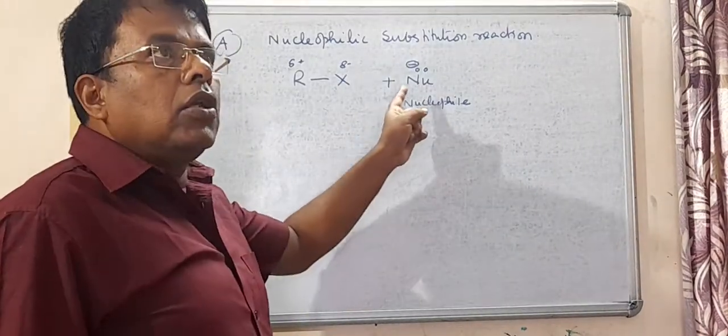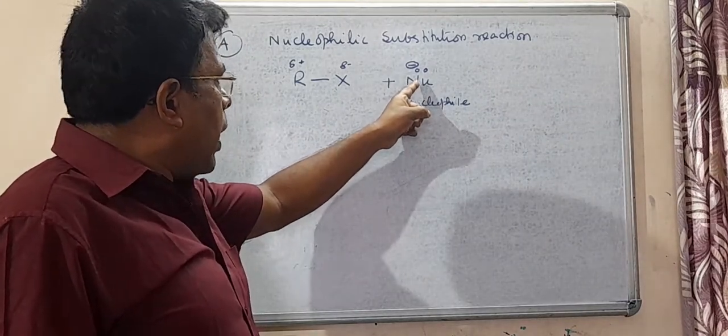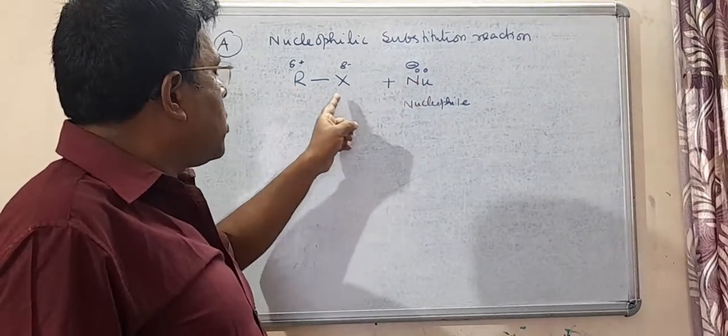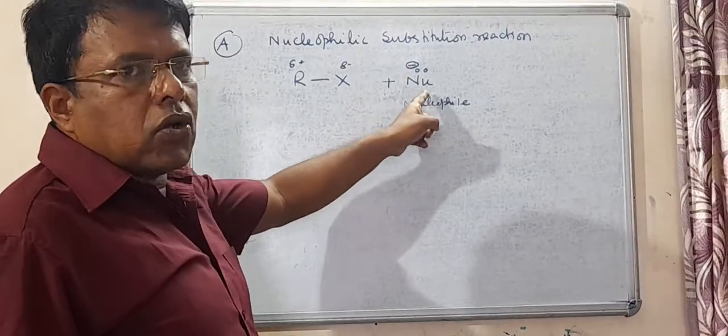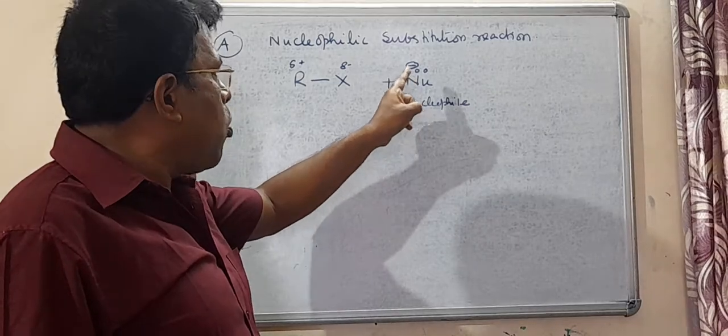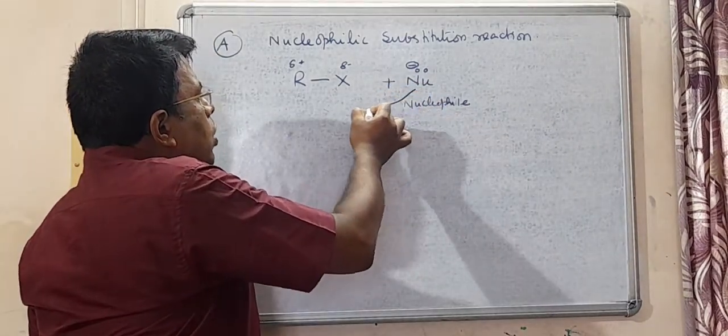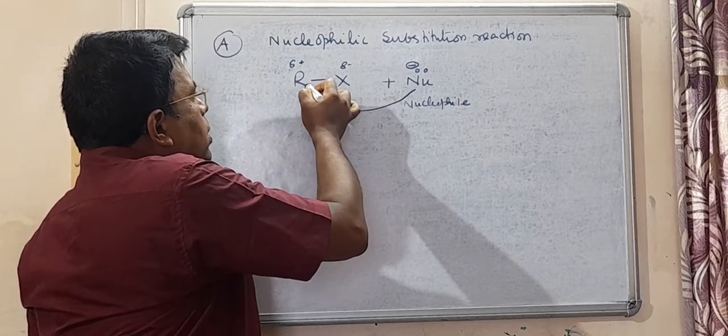And since nucleophiles are rich in electron, they have a tendency to attack at the positive side. So it will come near and attack at this center.